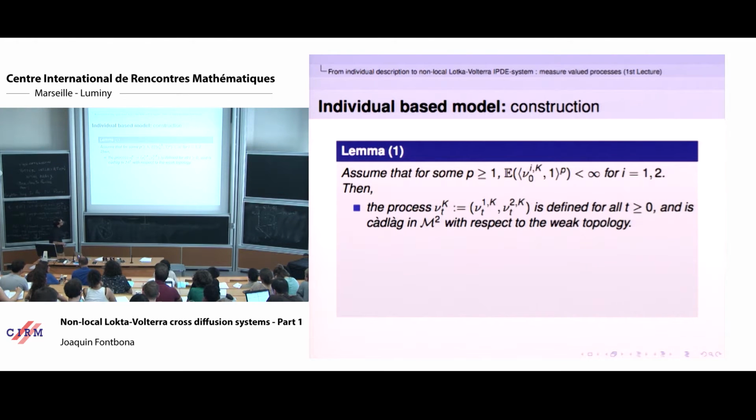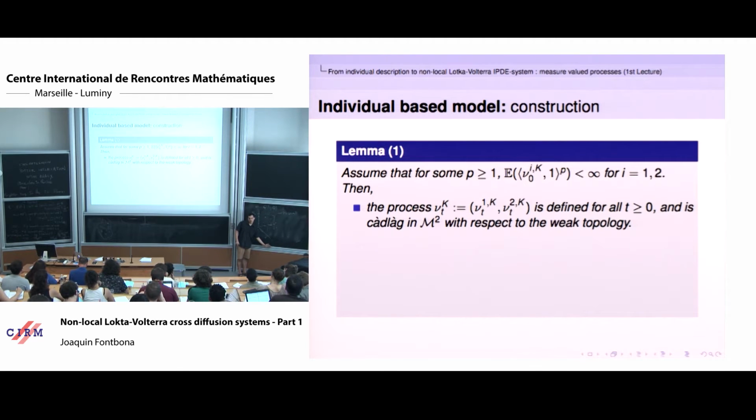Okay, so the first property is that when doing this, I am defining globally a process. So why should one be careful with that? Because even though our jumps happen, you need to wait for some positive time in order to see a new atom.